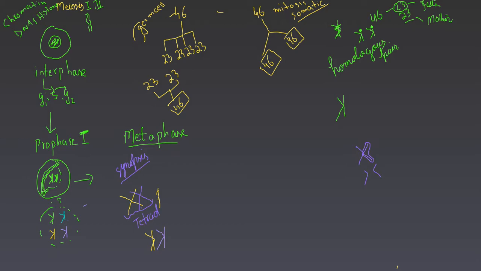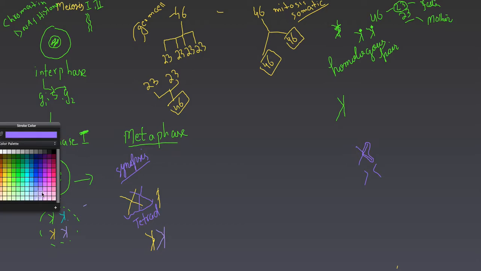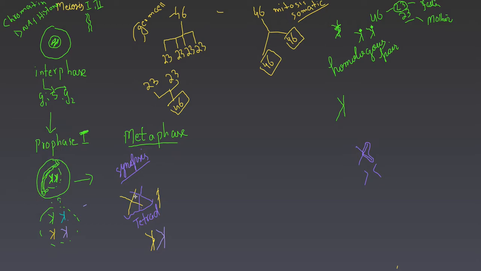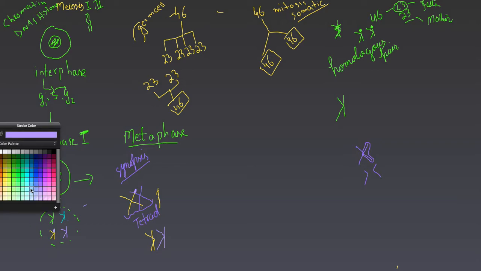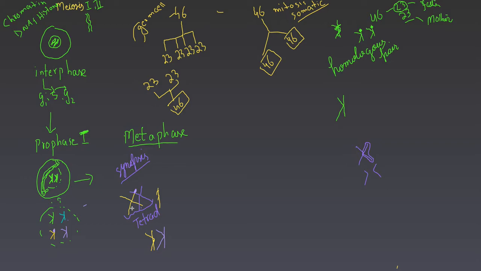So now on the yellow one you have a little bit of this purple, and on the purple one you have a bit of this yellow one, right? So this is what happens in prophase 1, which is one of the most important stages of meiosis 1.